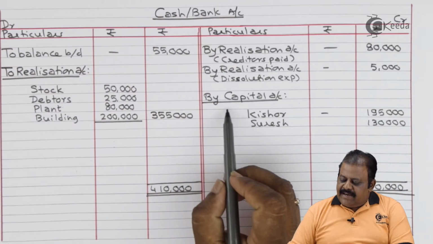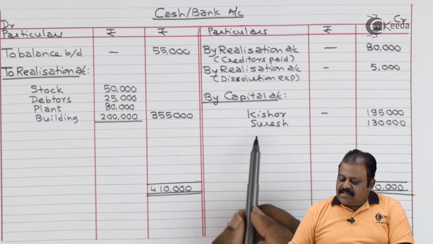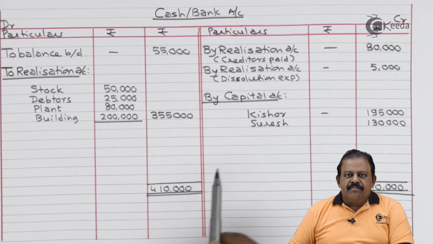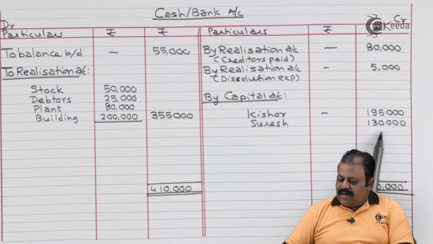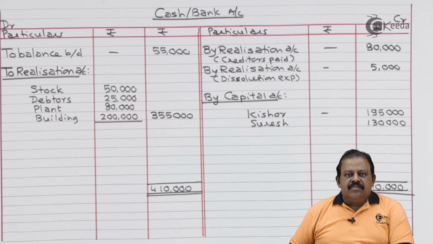Cash bank account credit side, partners' capital balances are transferred. Kishore 1,95,000, Suresh 1,30,000.